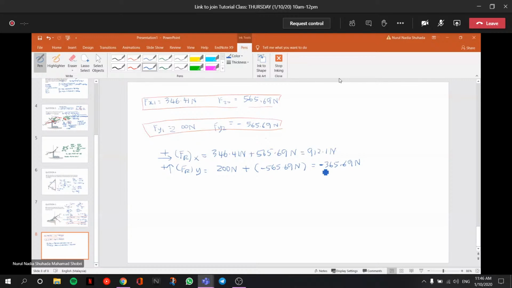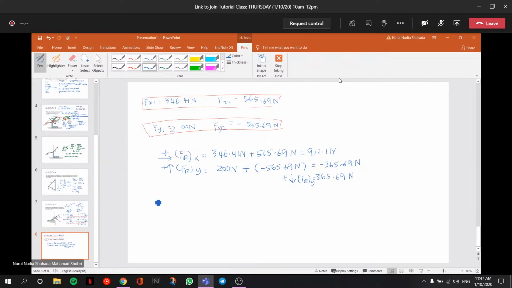So this is negative because this is the upward direction. If we define it downward, it will be positive. Okay. So now we have Fr in the x and also y direction.